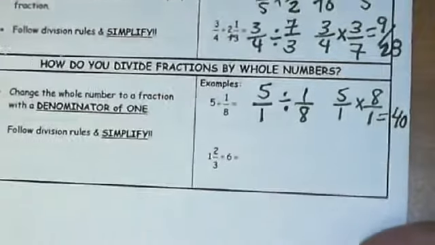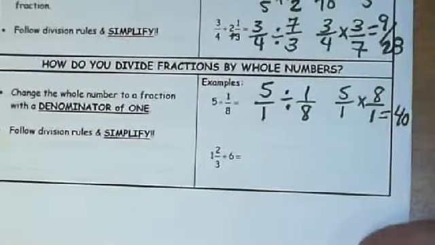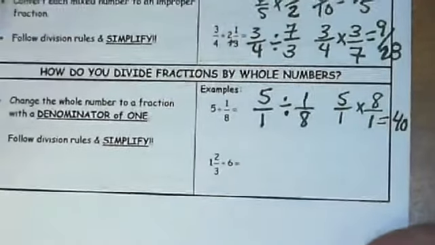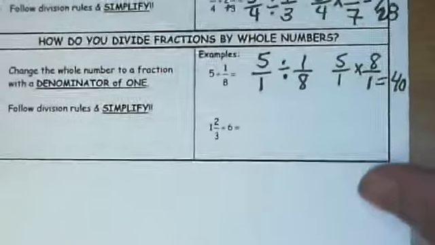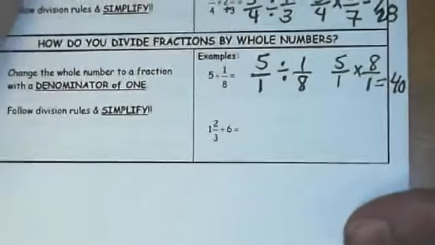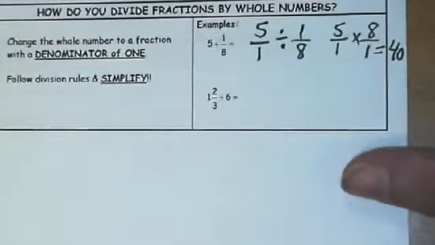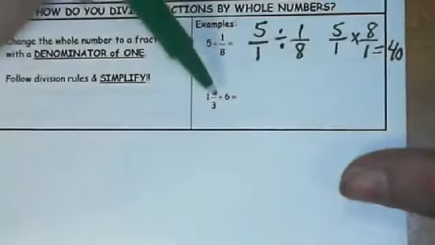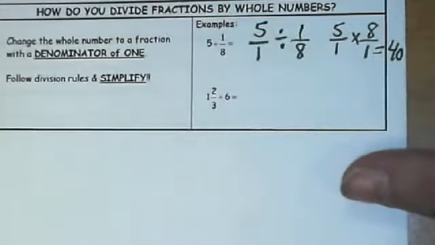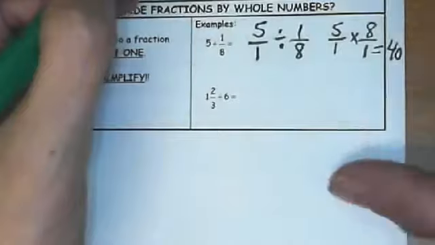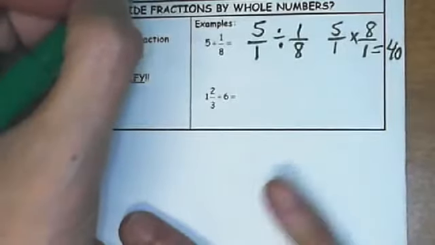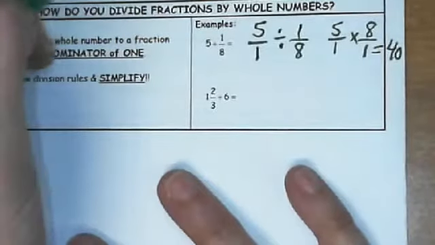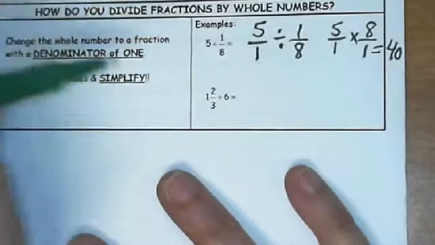Alright, 1 2/3 is a mixed number. You want to change that into an improper fraction. Divide by 6. So you got to do 2 things before you divide. You have to change the 1 2/3 into an improper fraction, and then you got to put the 6 over 1. Okay? So before you even change anything to multiplication, take care of your improper fraction, changing everything into improper fraction first.